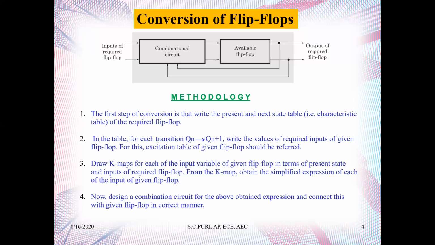So that means you need to know the characteristic table of both flip-flops, the one in your hand and the one you need to convert to. Then you have to find the excitation table. Based on that, we need to obtain the simplified expression using the K-map, and then we need to fit the circuit.